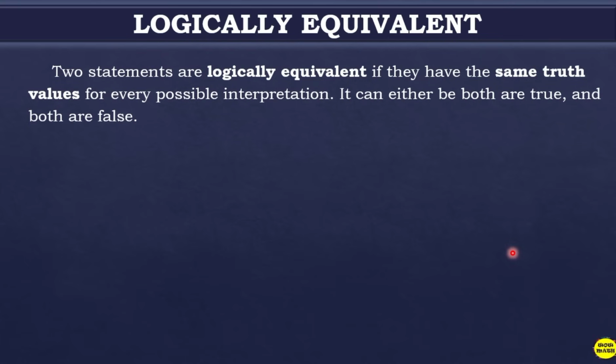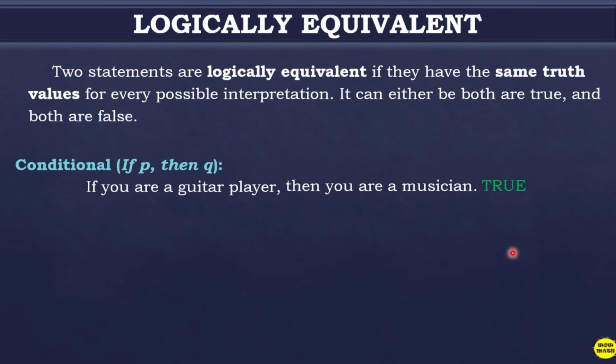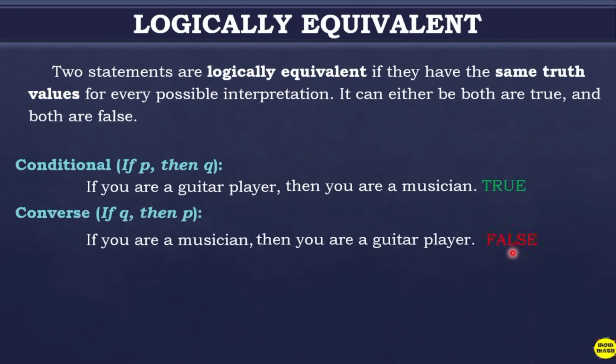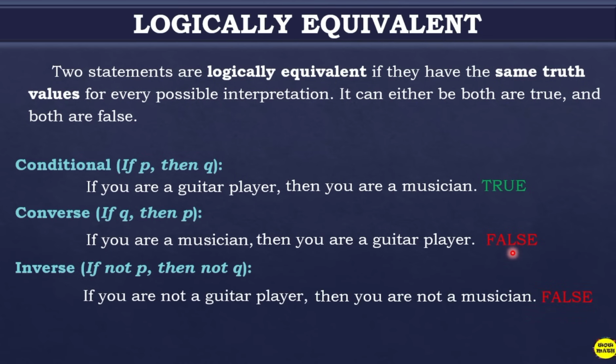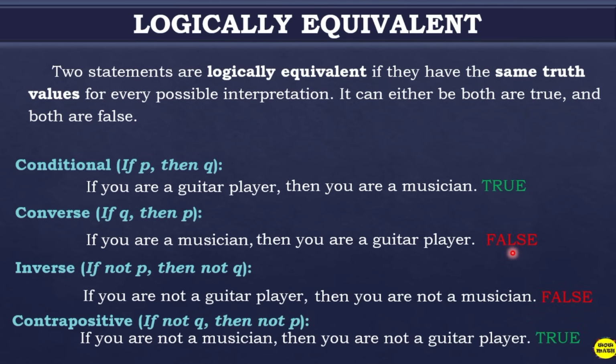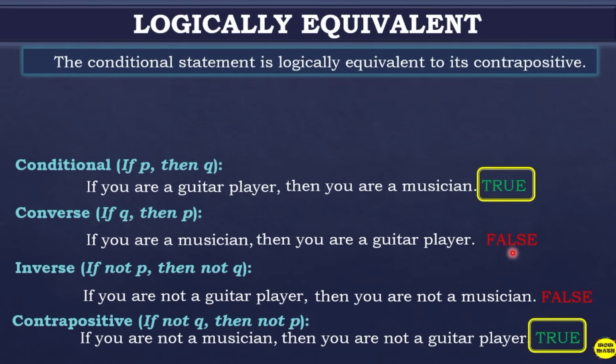Okay? So, gamitin natin yung example natin kanina. So, yung conditional, true. Yung converse, false. Yung inverse, false. Yung contrapositive, true. Okay? So, tingnan natin yung equivalence ng conditional at contrapositive. Okay. So, the conditional statement is logically equivalent to its contrapositive. So, ito po yung ating conditional statement.